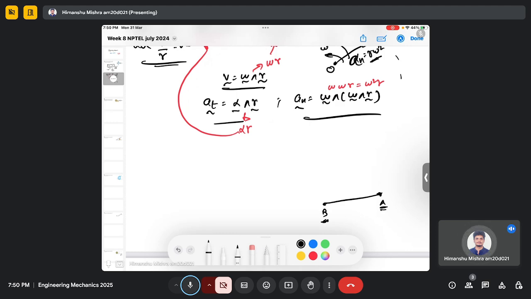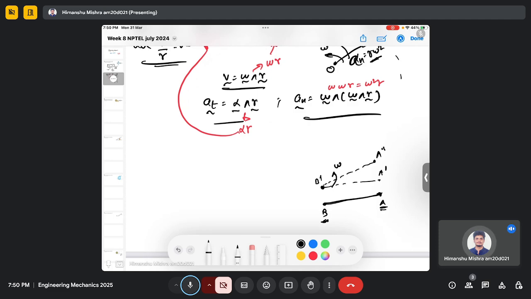For example, let's say B and A are translating, and they reach B dash and A dash. Then at point B dash, I'm rotating this with angular velocity omega, so it will have A double dash. So there are two motions.